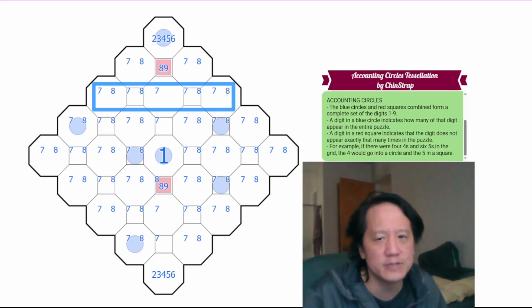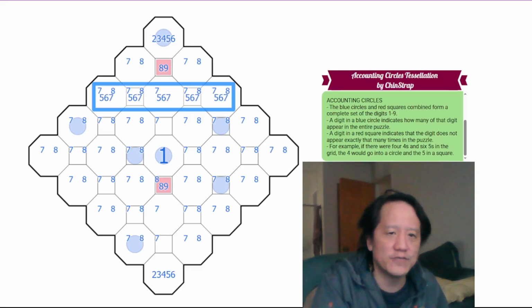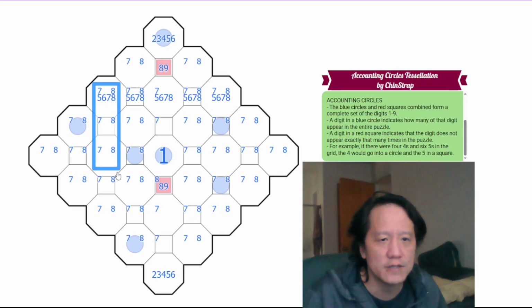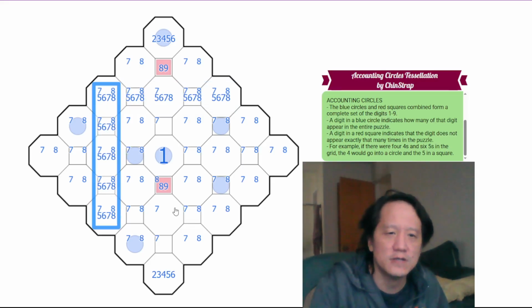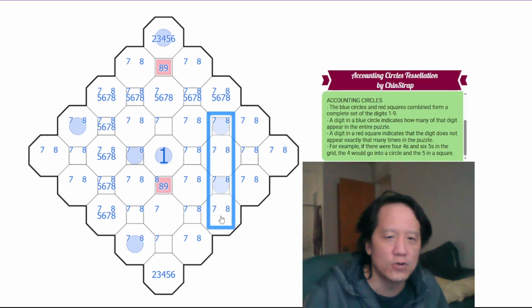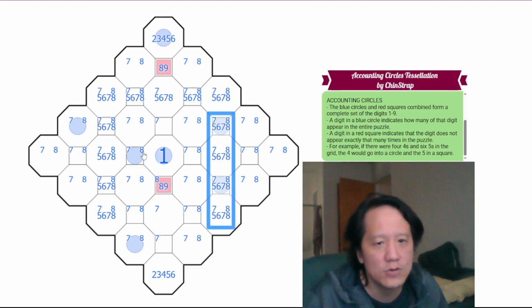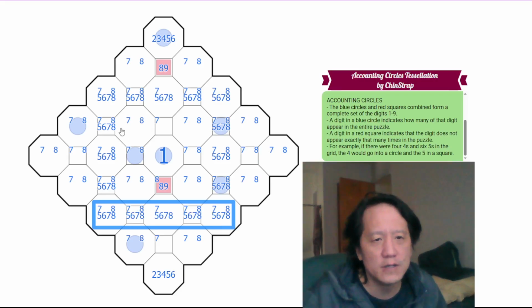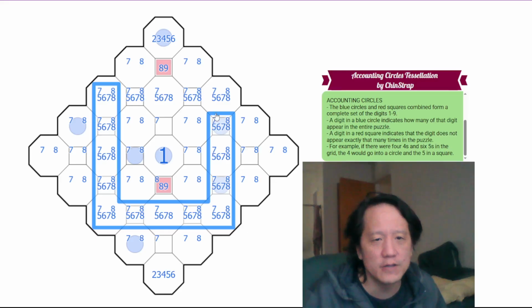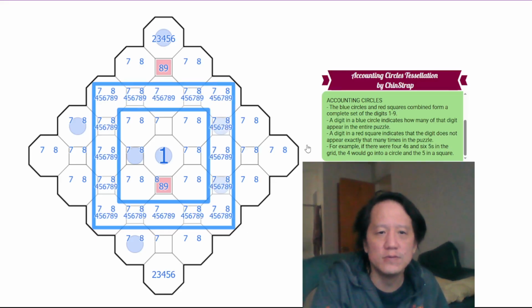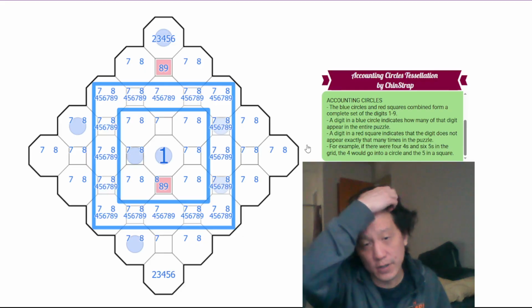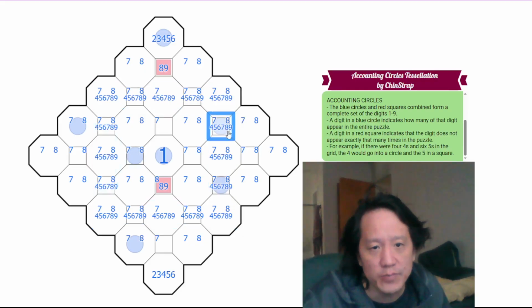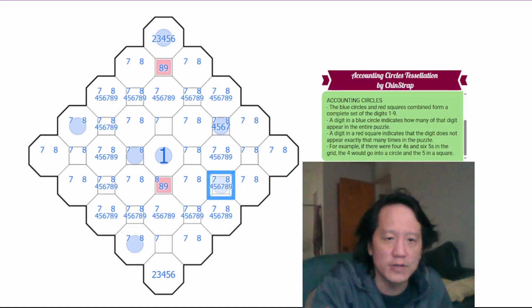That means it has to be 5, 6, 7, 8 guaranteed in these sets. And you could have a 4 or a 9 here. Right? And then you have 4 or 9 in this scenario. This obviously can't be 8 or 9. This can't be 8 or 9.